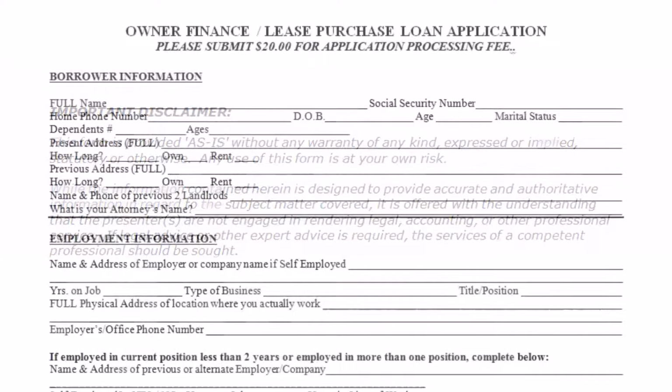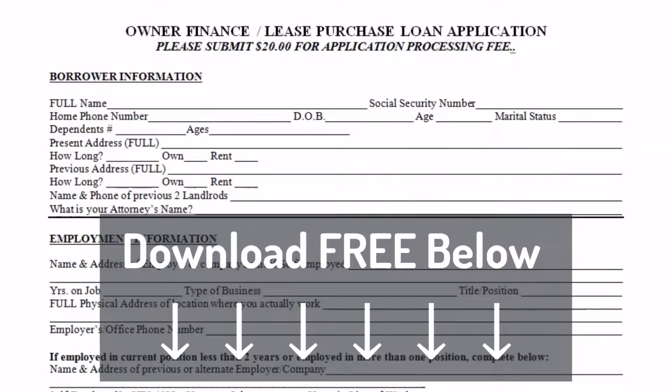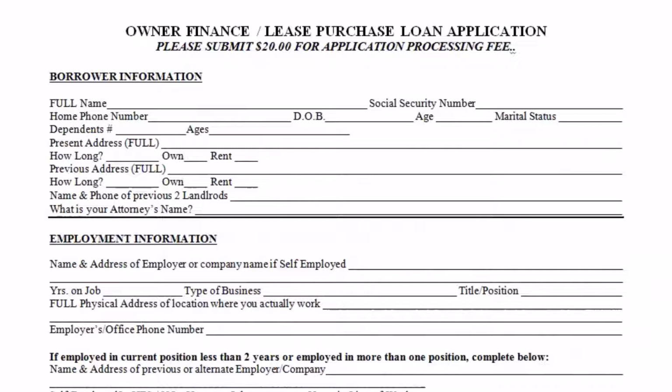So let's move in. Really, this is not like a super magic document. It's an application, but I will walk through and explain a few elements where I can imagine there might be a bit of a disconnect if you're not used to this side of the business, as to why exactly it's here. So first of all, as you can see, please submit $20 for application processing fee.